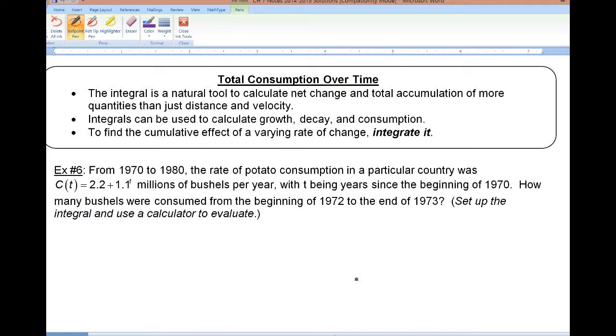This part's easy. This would be a calculator problem because it's 1.1 to the t. So, total consumption over time.